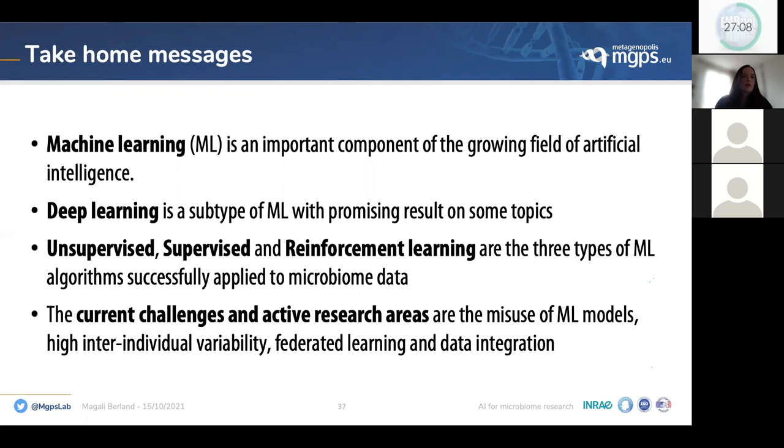We have seen that unsupervised, supervised, and reinforcement learning are the three types of machine learning, and that they all have successfully been applied to microbiome data. And we have reviewed the current challenges and active research areas that are the misuse of machine learning models, the high inter-individual variability, the federated learning, and the data integration.